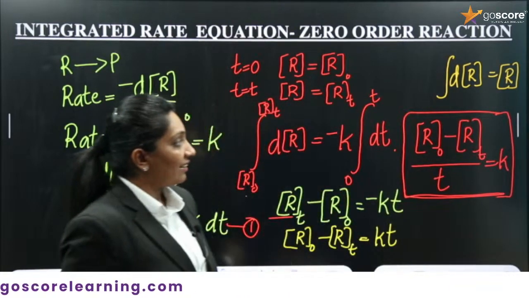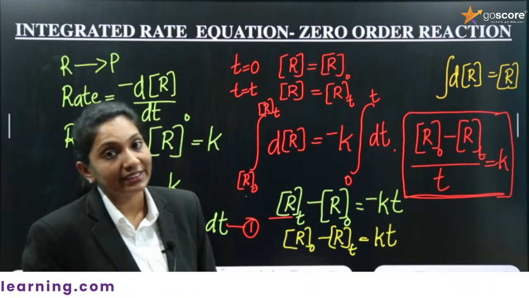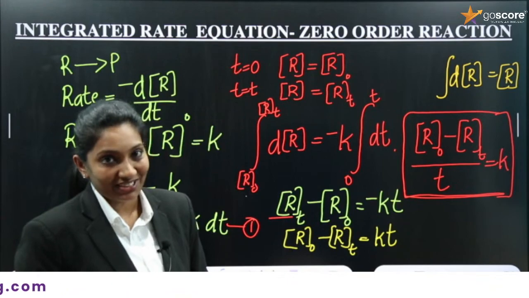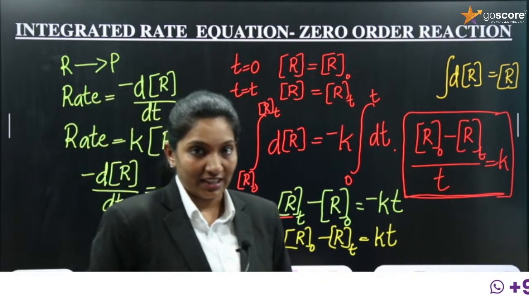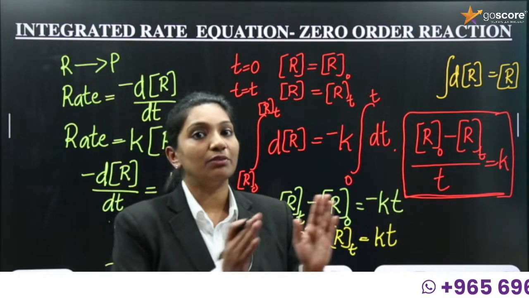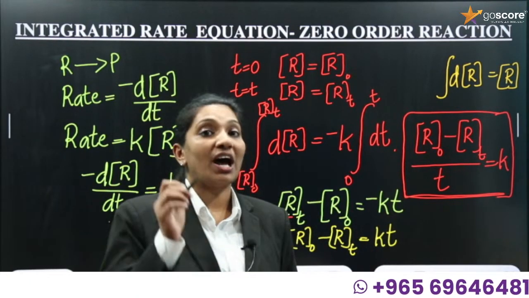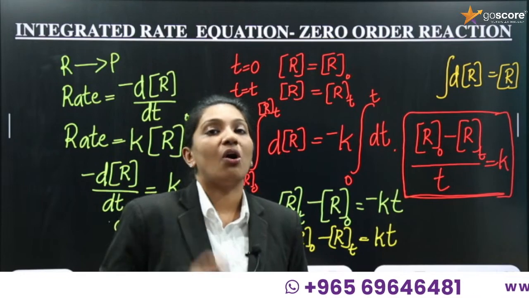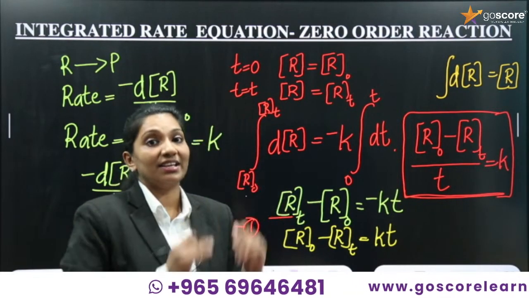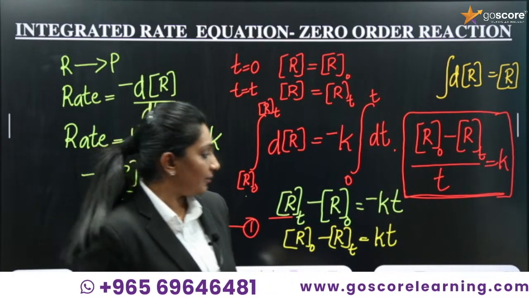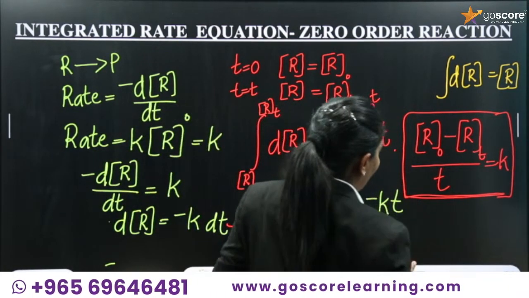Now let's see how we will plot the graph for zero order reactions, because you should know clearly how we are drawing the graphs, because in the examination they will be providing the graph and you have to identify which order of reaction this graph represents. Okay, so you're clear with the equation, right?